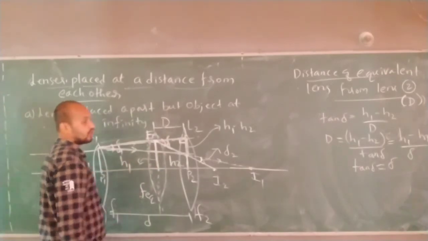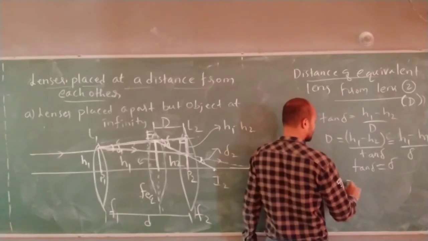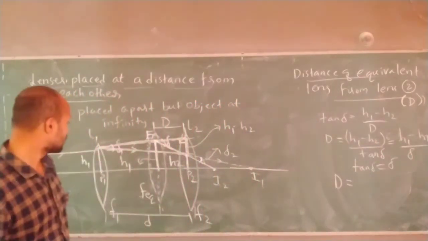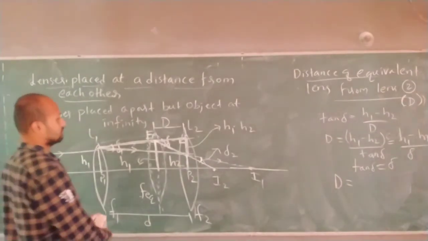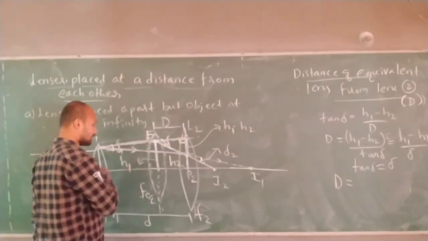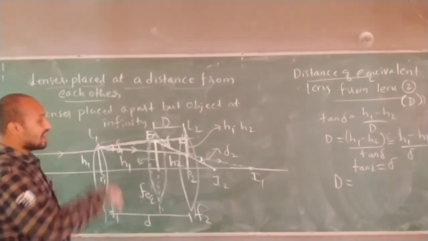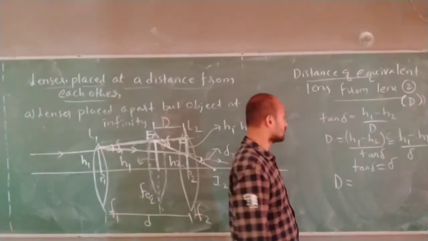So I can write here this equation, h1 minus h2. Previously you calculated, what is that? h1 minus h2 is nothing but d into h1 by f1. Correct now? Previously you go through the derivation, you will understand.